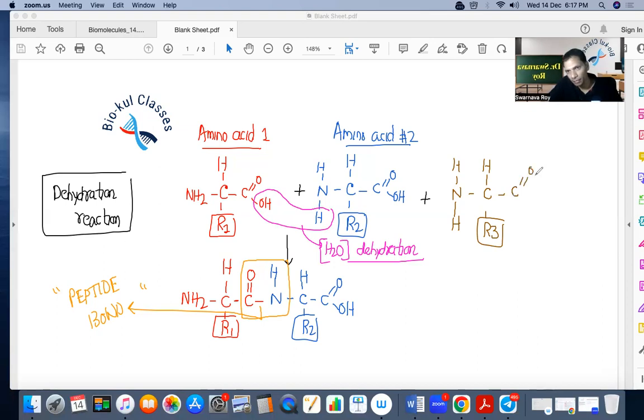And here we have COOH. Again, we'll see the same concept, a dehydration reaction taking place, and there is release of the water molecule. Here, this will change now. So here we can draw this in this form.